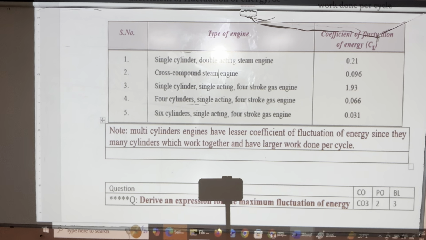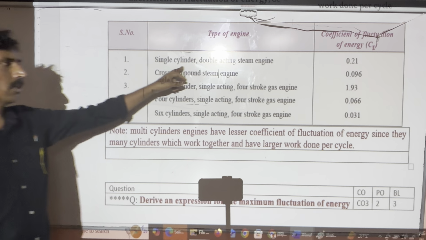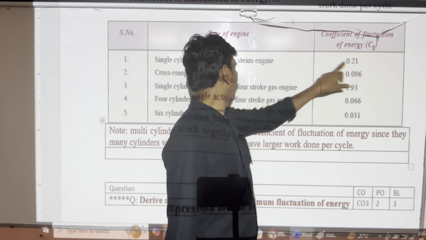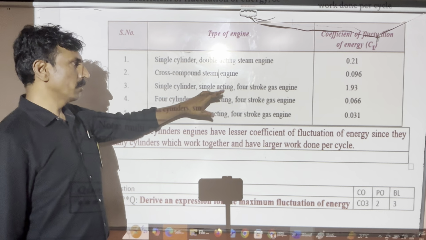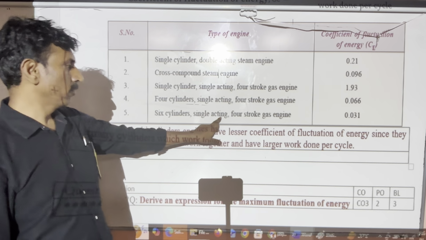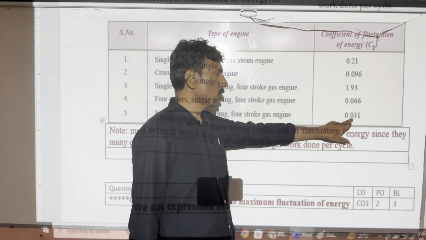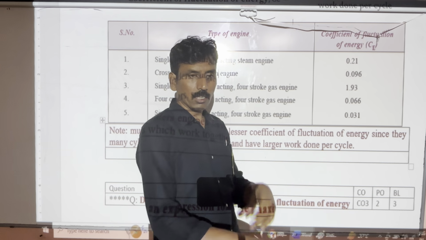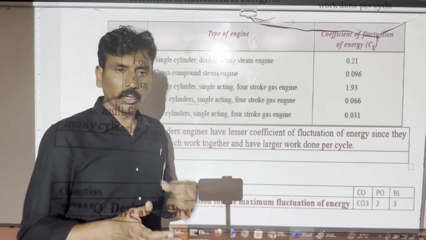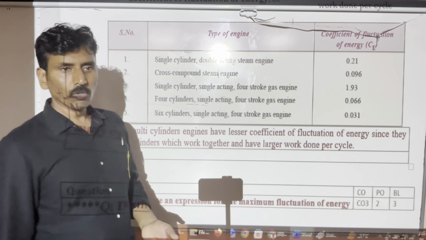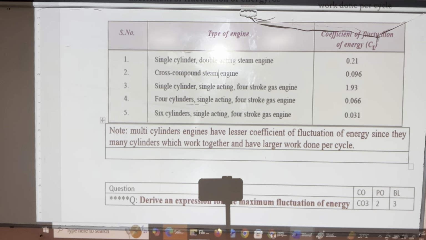If you want to keep it smaller, you will see that the fluctuation of energy in single cylinder engines is 0.21, but in a cross compound steam engine, or a 6-cylinder engine, it is almost 10 times less, because 6 cylinders are working one after the other, so fluctuation of energy is less. If you got 6 incomes, then your account balance will almost stay the same, because you are spending and there is so much money flowing in. So your account balance is huge, so it will not vary much.